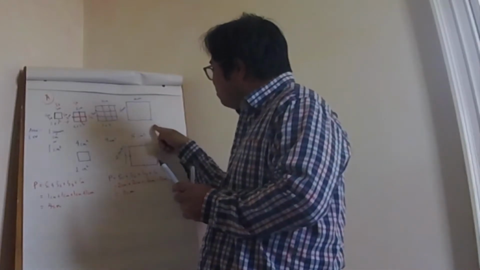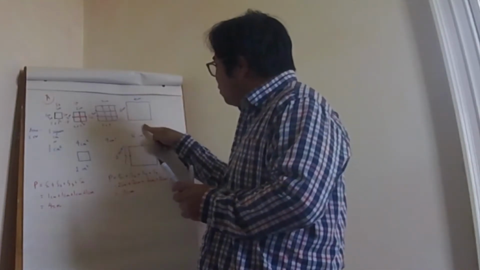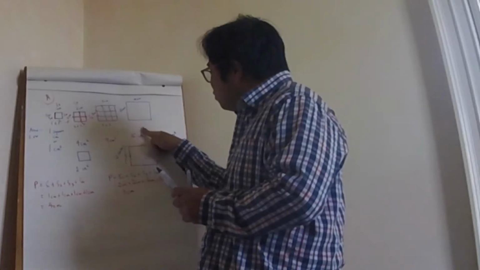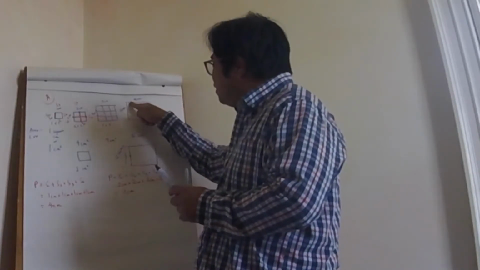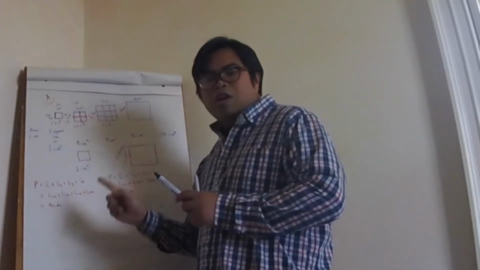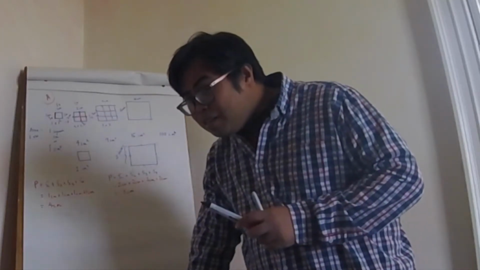Okay, now in this one here, what's the perimeter of this square if one of its sides is 4 centimeters? Is that 16?